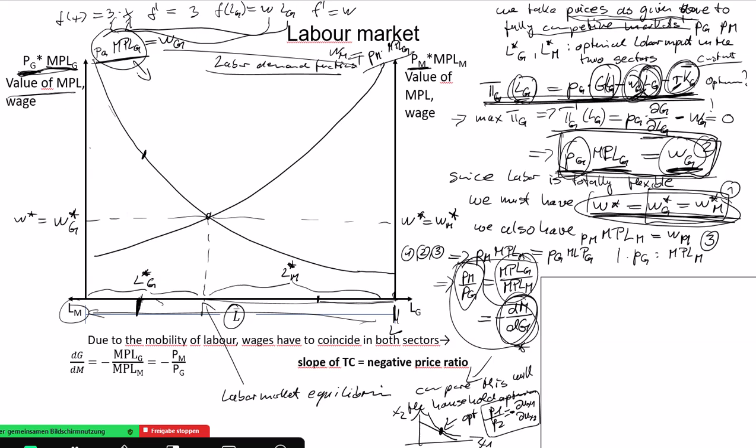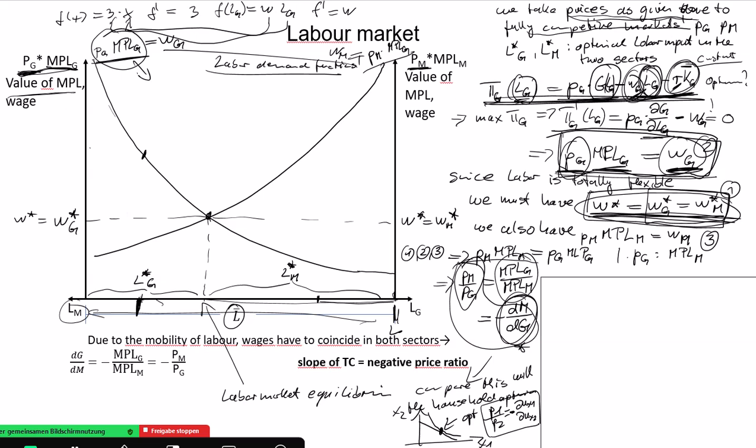And this means the cut of these two labor demand functions is also here in a graphical way what we have written down here in the analytical way. The cut here is the labor market equilibrium.